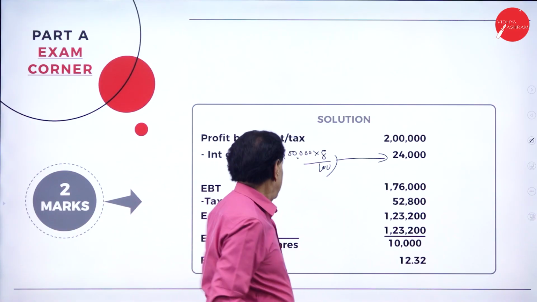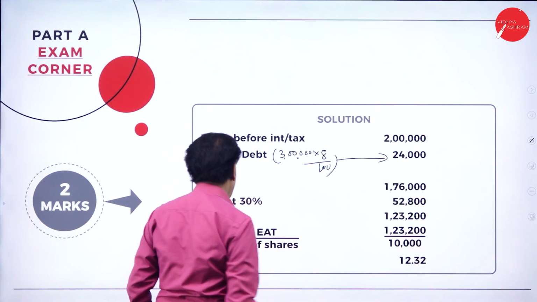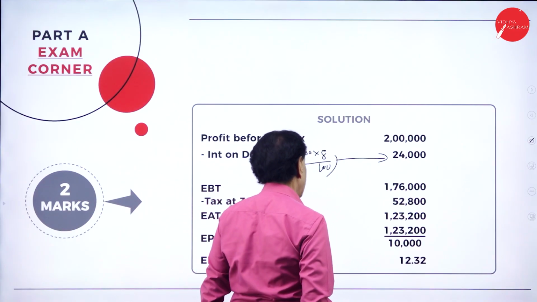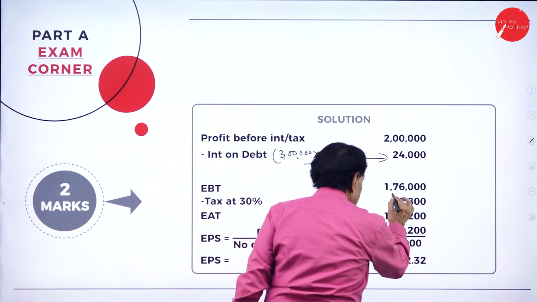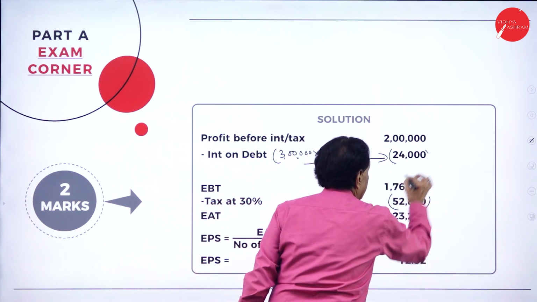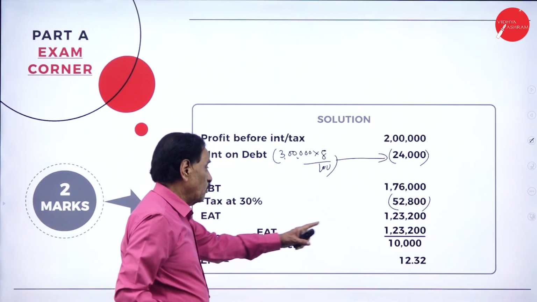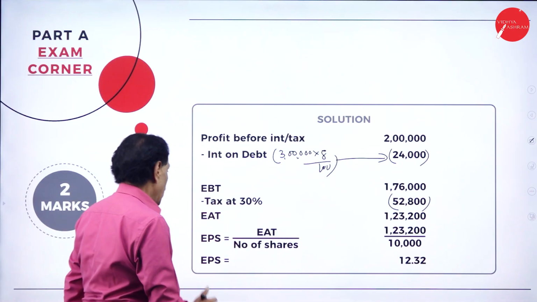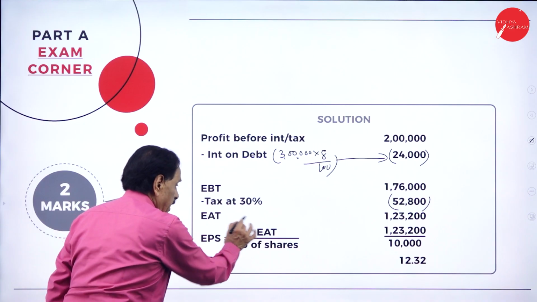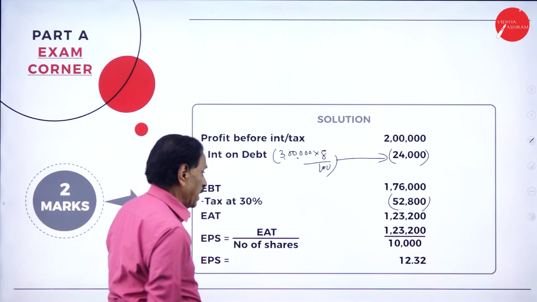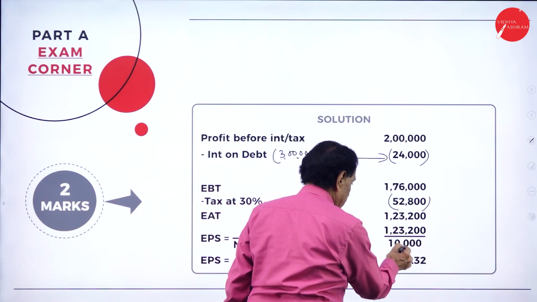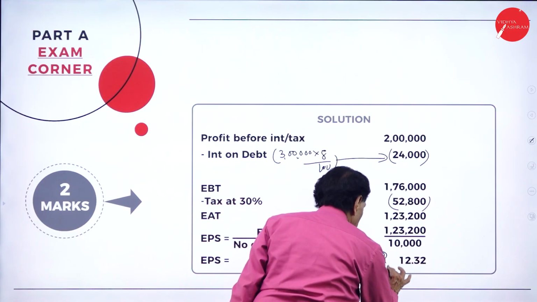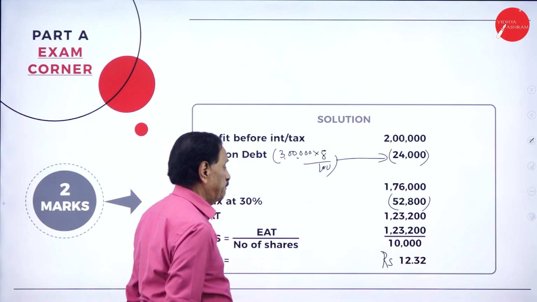Balance is 1,76,000, earning before taxation. Tax at 30% on this is 52,800. If we deduct this 52,800, it comes to 1,23,200, the earning after taxation. Earning per share, EPS, is earning after taxation divided by number of shares, 1,23,200 divided by 10,000 shares. It works out to 12 rupees 32 paisa per share.